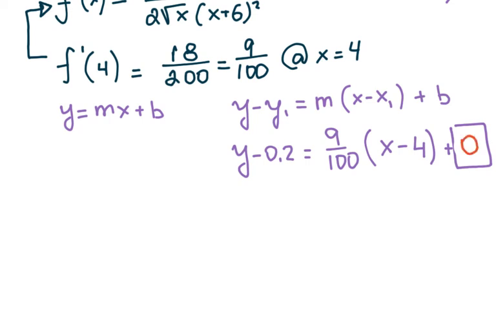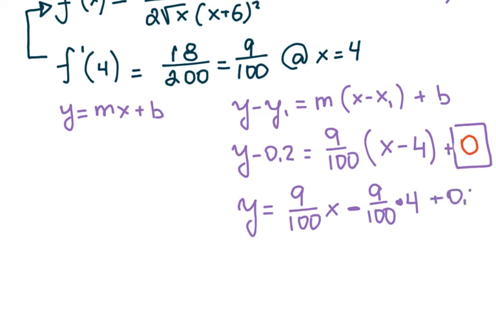And then if I solve for y to find the final expression of the tangent line at x equals 4, I have 9 over 100 x minus 9 over 100 times 4, and then I'm going to add 0.2 to both sides.